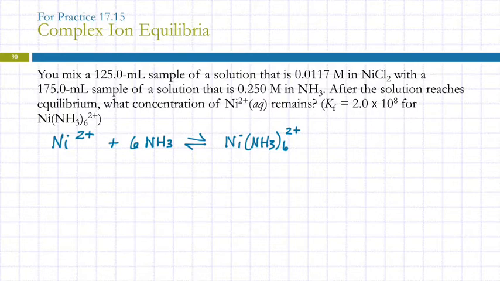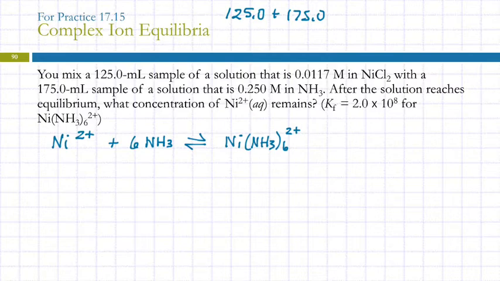So we've got things mixing here, and they've given us the volumes, so we do have to consider the total volume of everything. After mixing these things, we've got 125 plus 175.